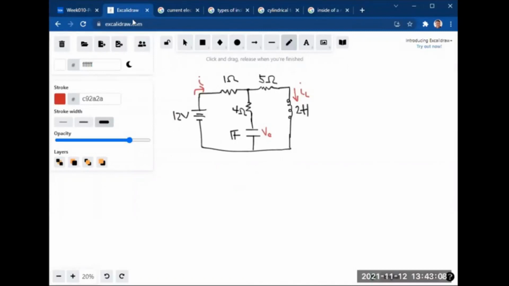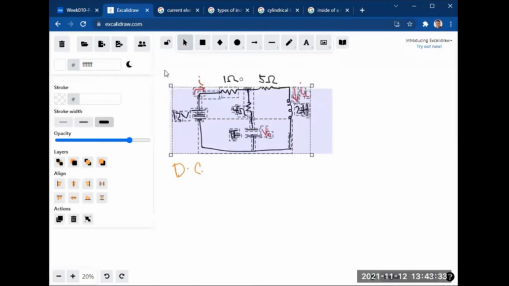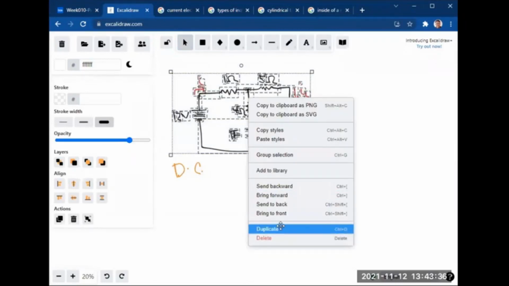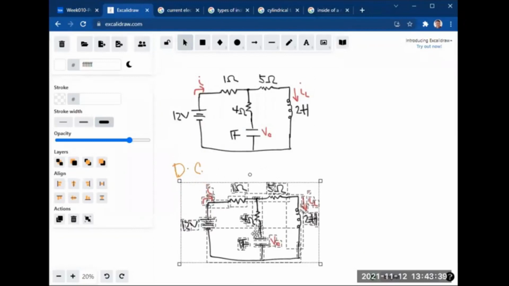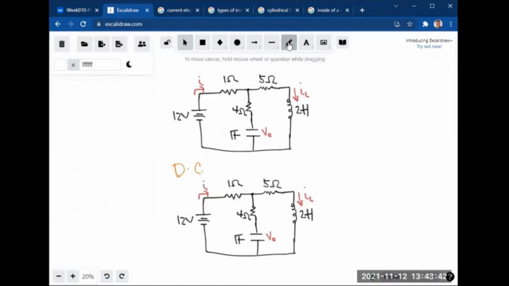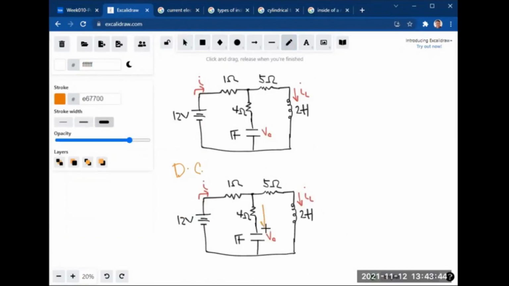Before we try to solve anything, let's try to analyze. This is DC. Since this is DC, what are the behaviors of our components? Our capacitor acts as an open circuit. Open circuit means that the current here is 0.